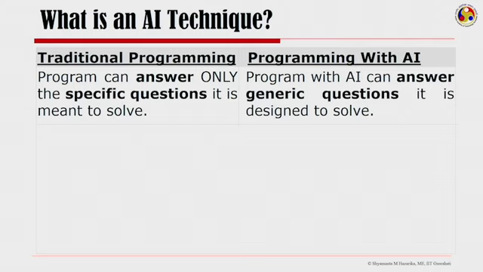Like, let's take an example that I'm interested in finding out the roots of a quadratic equation. My focus is only on getting the roots of the equation. Whereas if I am doing programming with AI, the idea is to get answers to generic questions rather than only specific questions that I am asking.